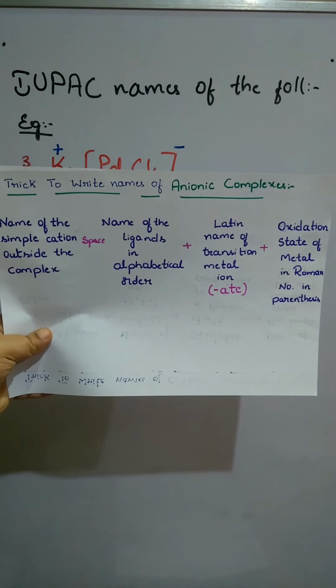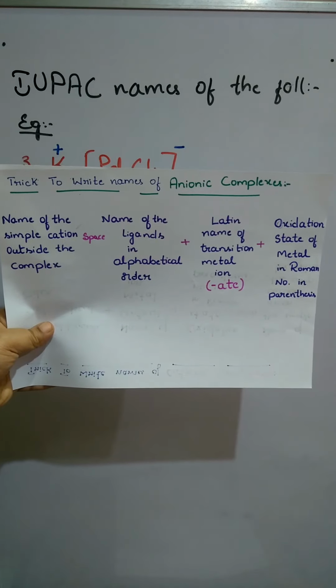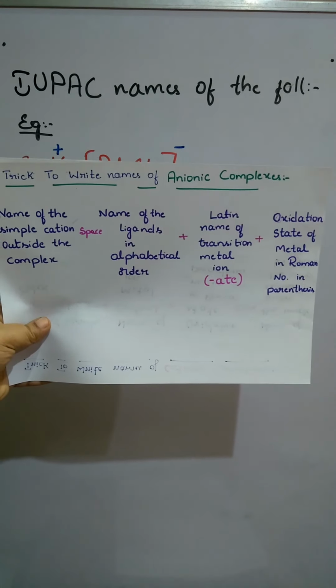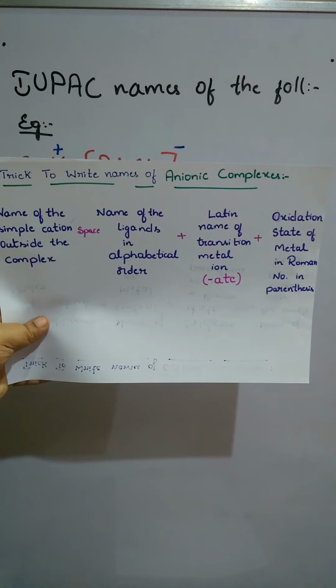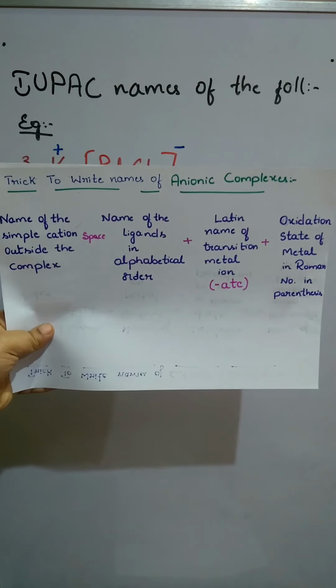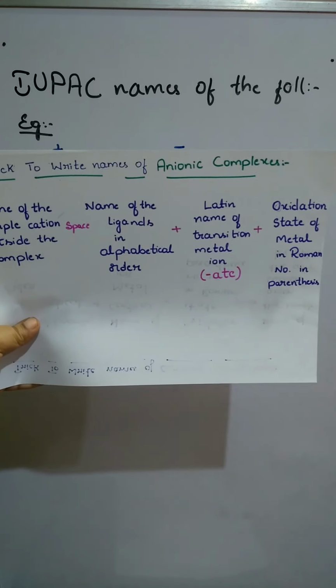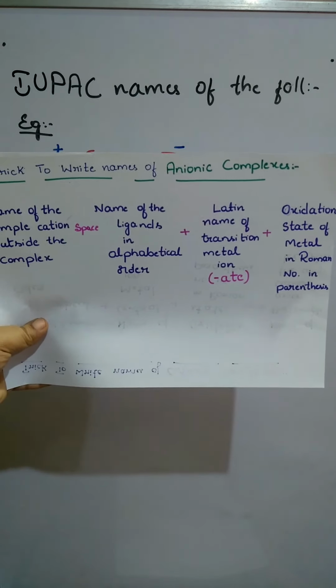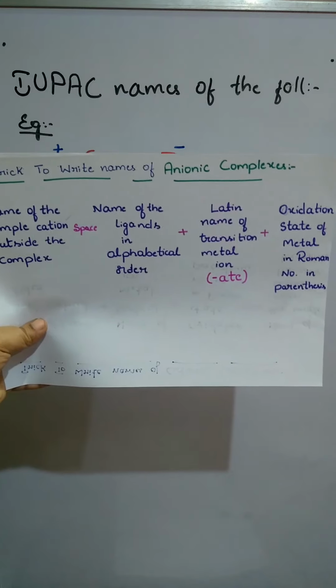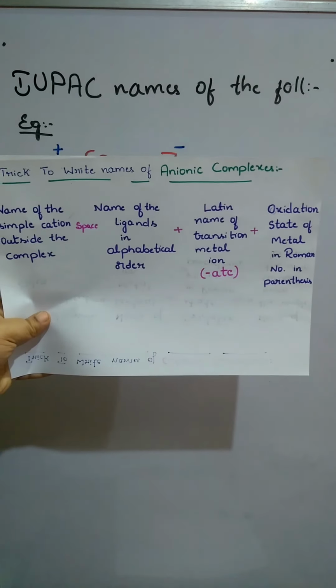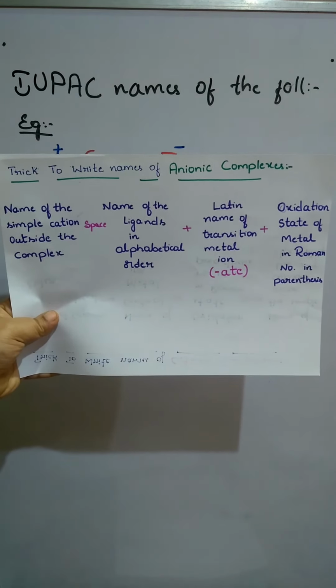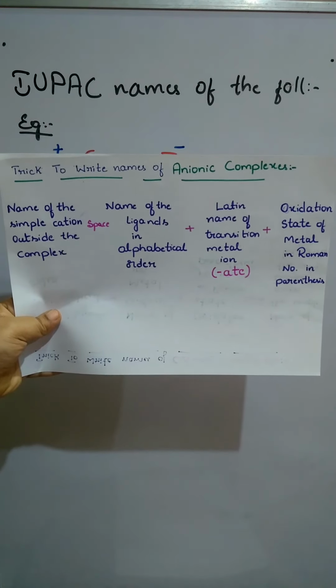After that, the name of the ligands in alphabetical order plus the Latin name of the transition metal ion. Latin name in the sense, for a few we have Latin names, for a few we use the same names, but the name should end with ATE, plus the oxidation state of the metal in Roman numbers in parentheses. So this is the rule.